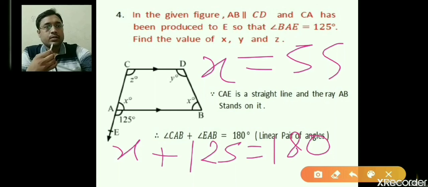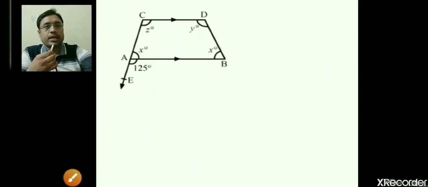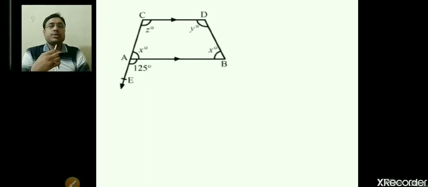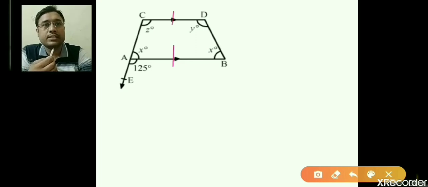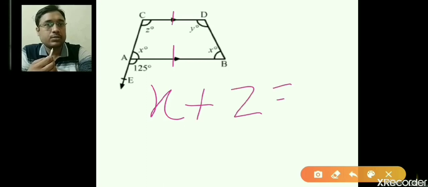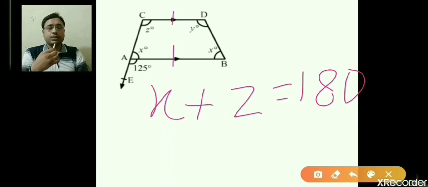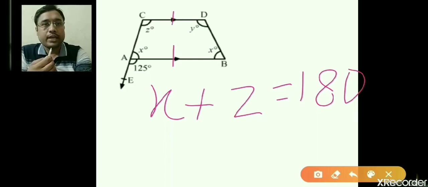Now next you will see that this x and z are consecutive interior angles, because these lines AB and CD are parallel lines according to the question. Then x plus z equals 180 degrees, as they are consecutive interior angles. The x value you have got is 55 degrees.